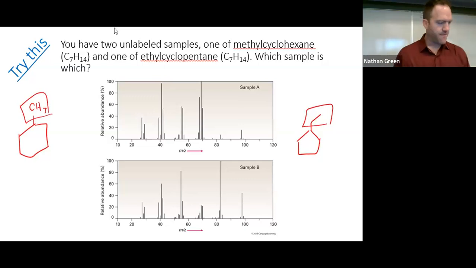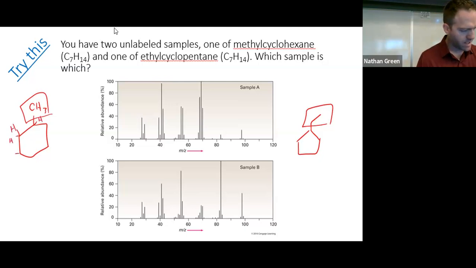If I lose a methyl group from this, then I'm going to have 1, 2, 3, 4, 5, 6 carbons. So that's 6 times 12 is what? Okay. And then I'm going to have 1, 2, 3, 4, 5, 6, 7, 8, 9, 10, 11 hydrogens.